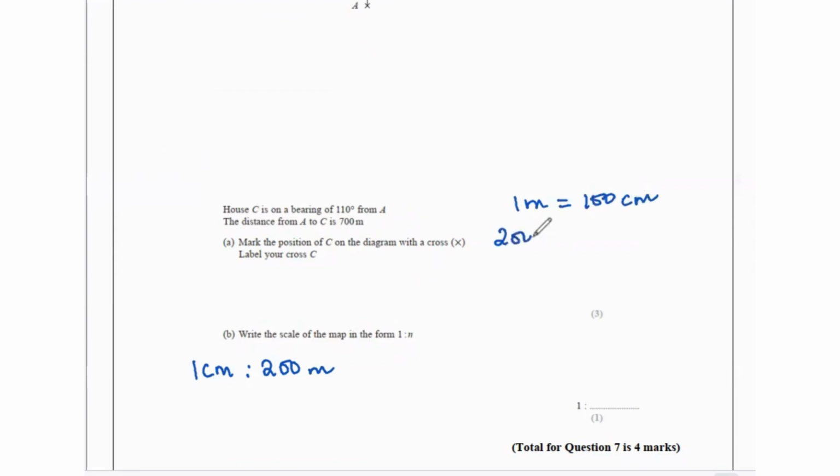So 200 meters would equal 200 times 100, which is 20,000 centimeters. So it's going to be 1:20,000. So that is going to be your scale of the map in the form of 1:n.